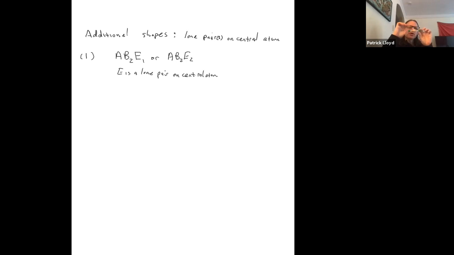That's your linear. But what happens is when you have a lone pair on the central atom, it is going to take some space as well. So what's going to happen, you have the central atom, 2 electron groups, 2 surrounding atoms, that's linear.